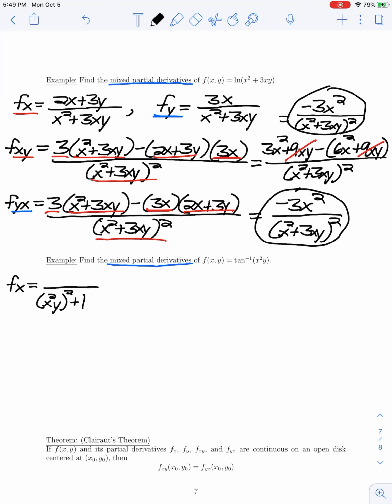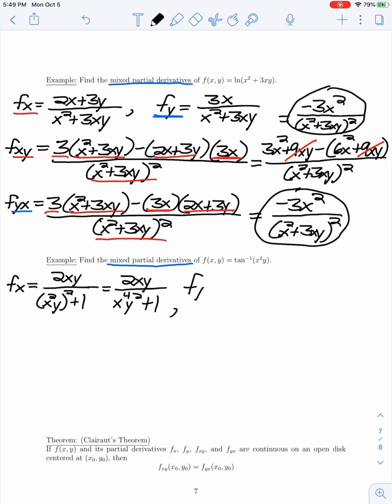And then we multiply by the derivative of the inner function with respect to x by the chain rule, which would give us 2xy. Or simplifying just a little bit, we have 2xy over x to the fourth y squared plus 1.